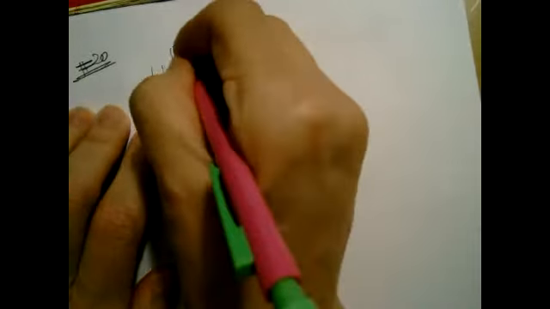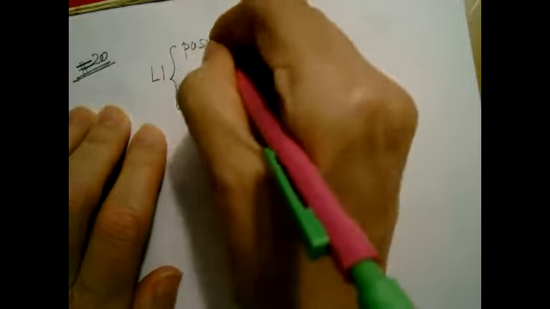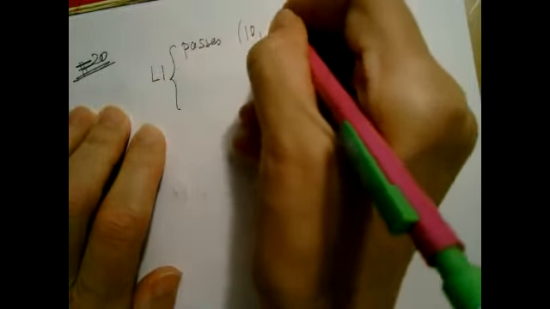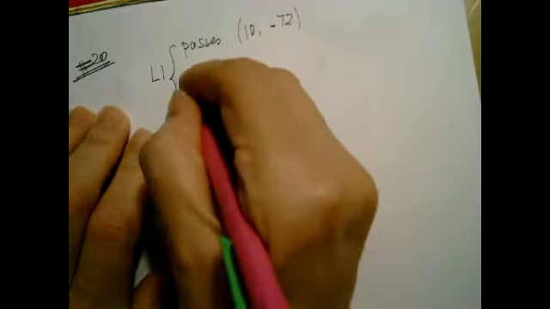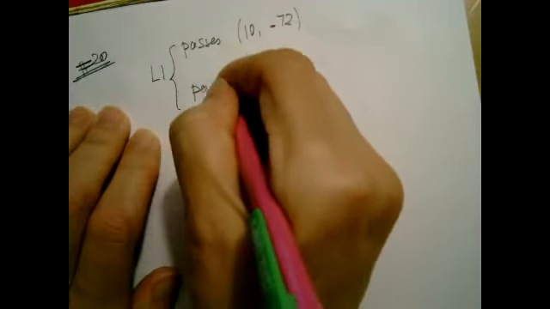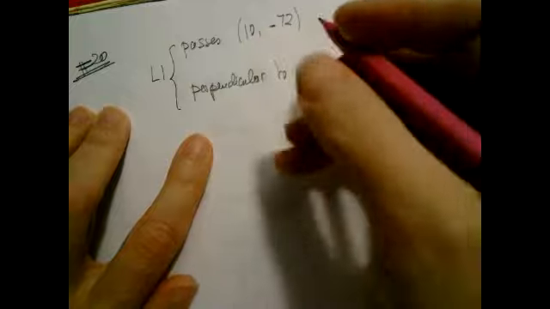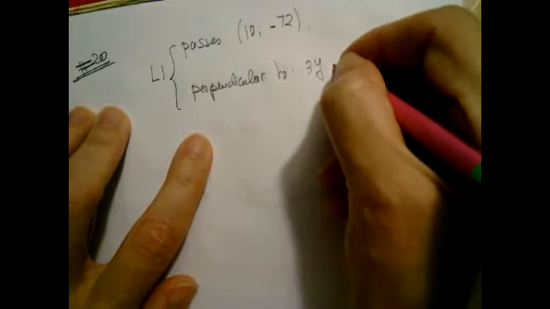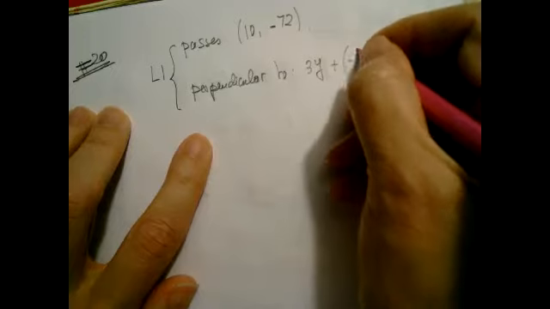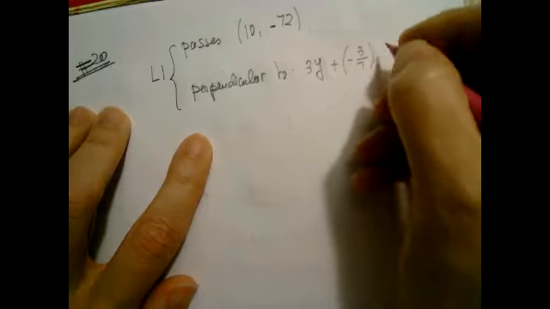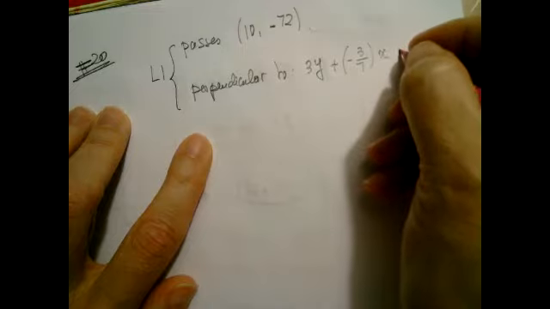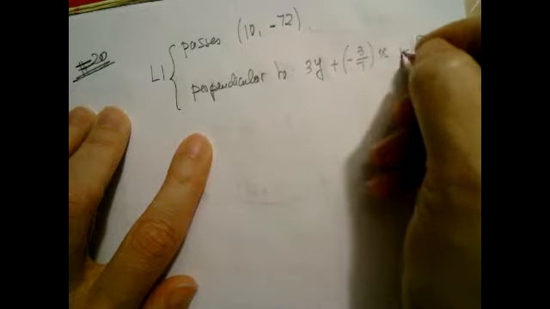Okay. And this is the problem here. Find the equation of a line that has the following property. It goes through the point (10, minus 72), and it's perpendicular to the following line: 3y plus minus 3 over 7 x plus 15 equal to 0.